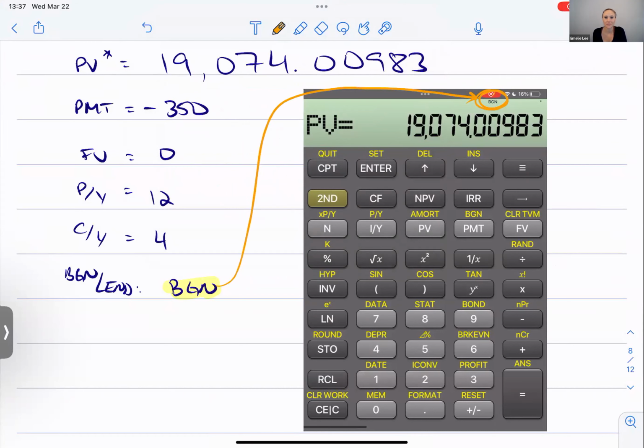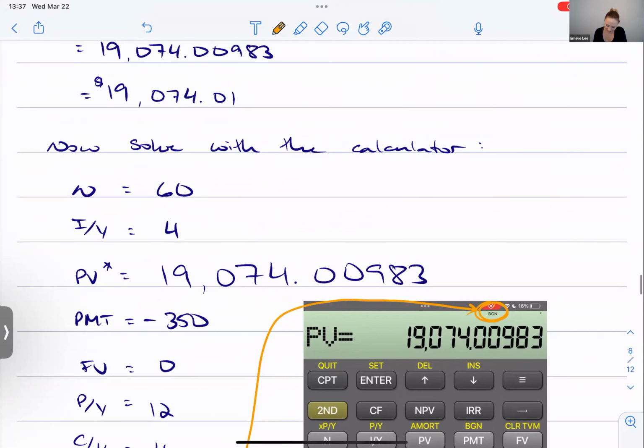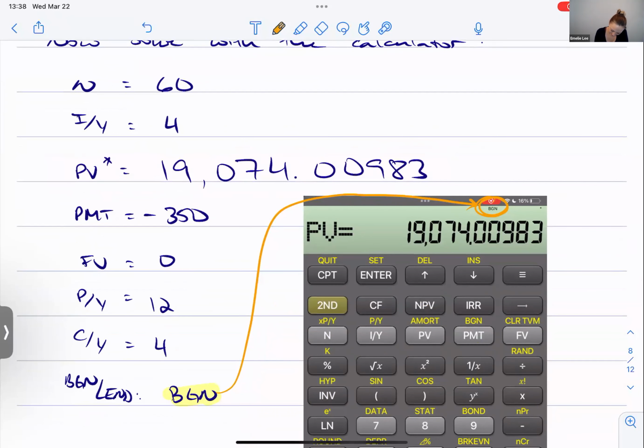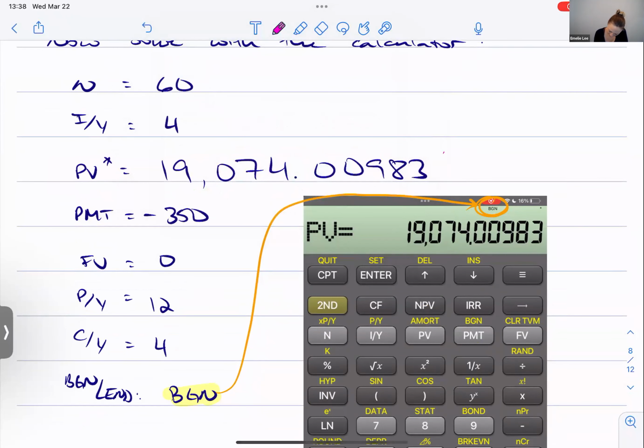Nice. It's the same value that we ended up with, but it took me way longer to get to the first one. Nice. So then here, right, same as by hand. Finally. Nice.